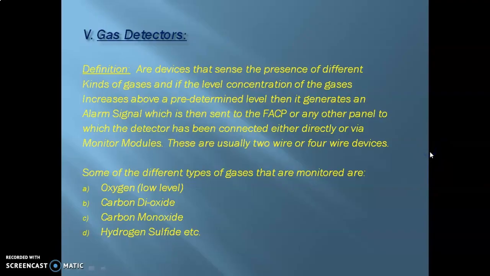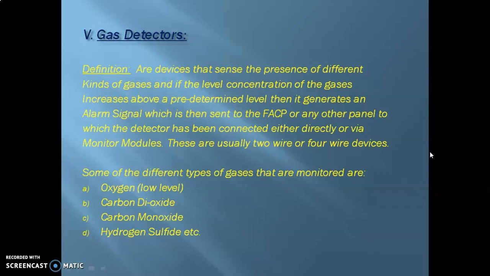Now, the next type of alarm initiating devices that we will be talking about are the gas detectors. As the name itself suggests, these are devices used to sense the presence of different kinds of gases, and if the concentration of the gases is either above or below a predetermined value within the gas detector, then they send an alarm signal to the FACP or to any other panel to which they are connected.